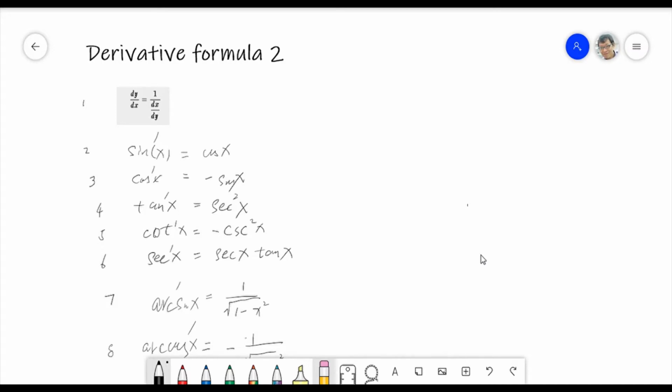I have organized a total of 10 formulas. The first formula is dy/dx equals 1 over dx/dy. Of course, if you just look at this as something like y over x, you can write it as 1 over x over y.